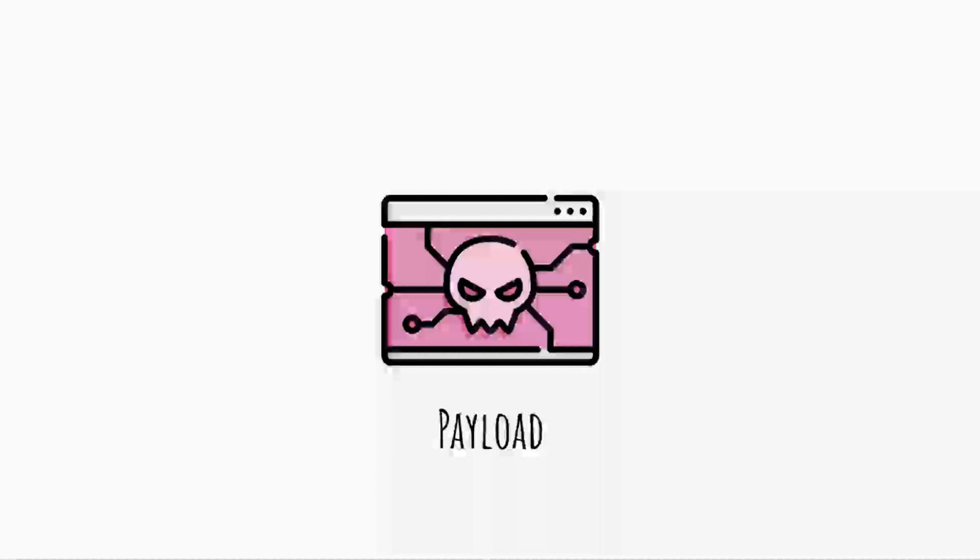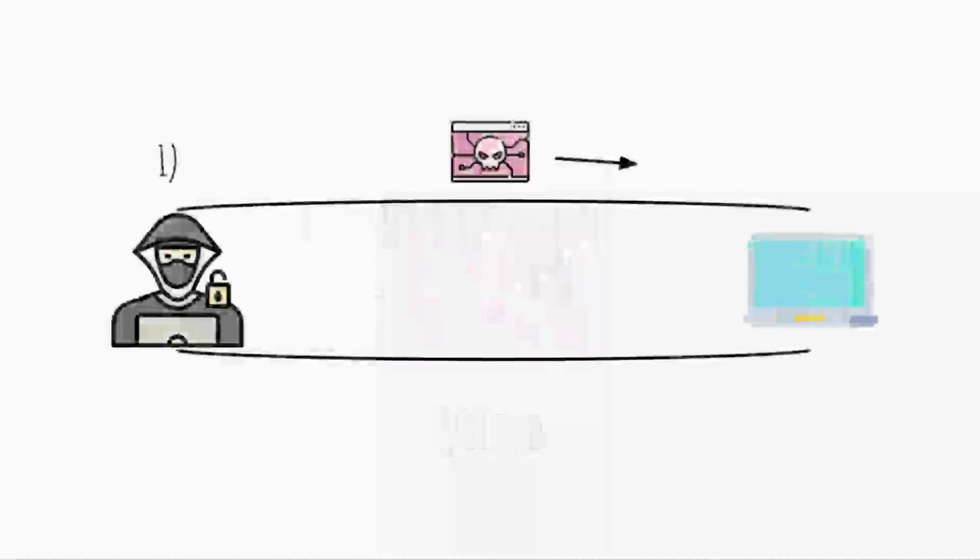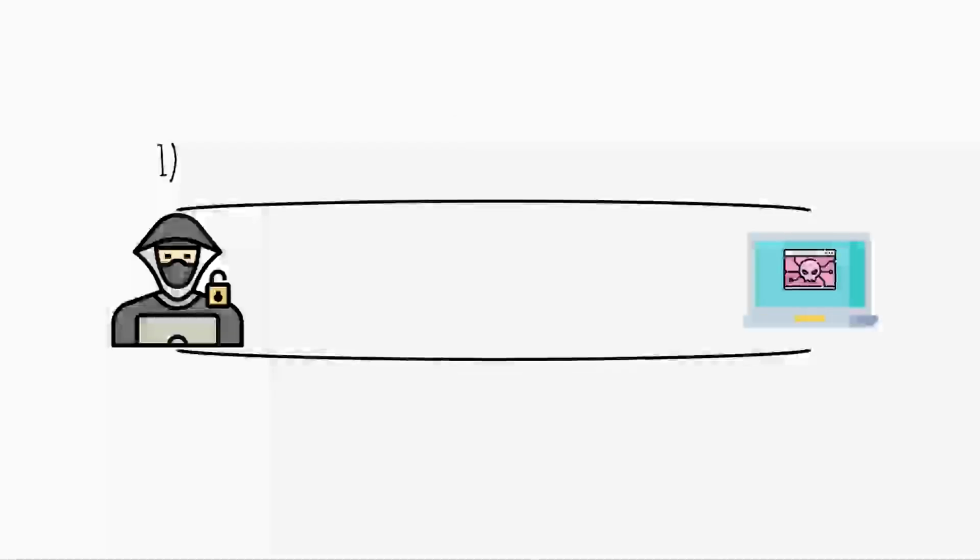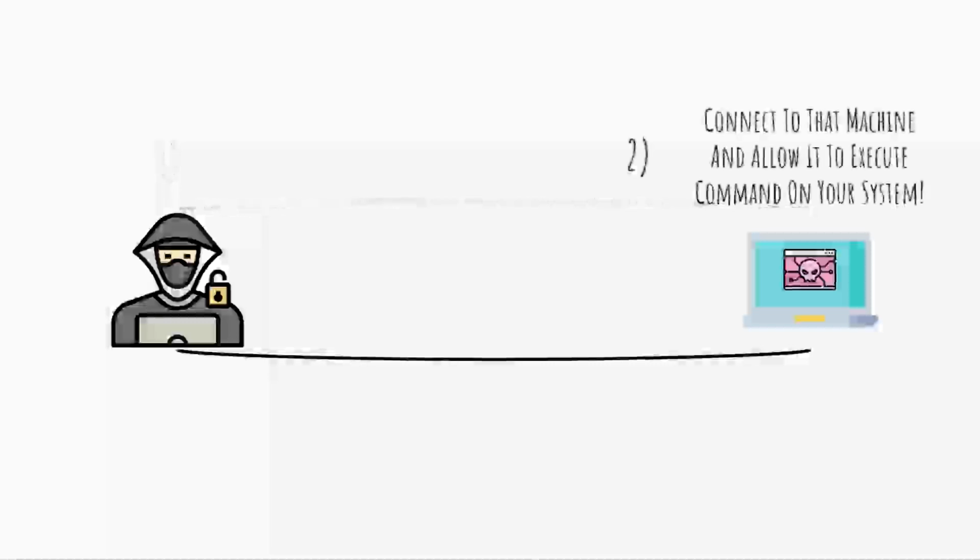The first step is exploiting the target and sending the shell, or payload, with it. That payload will then be on the target's machine and it will execute. Once it executes, what it essentially does is tell the target machine to connect to that other machine and allow it to execute commands on your system.